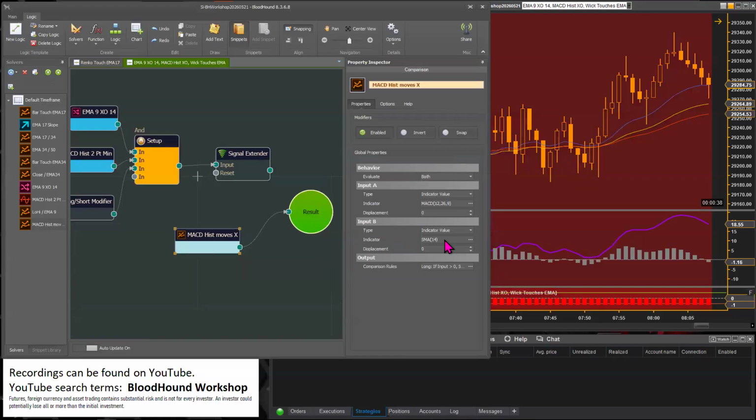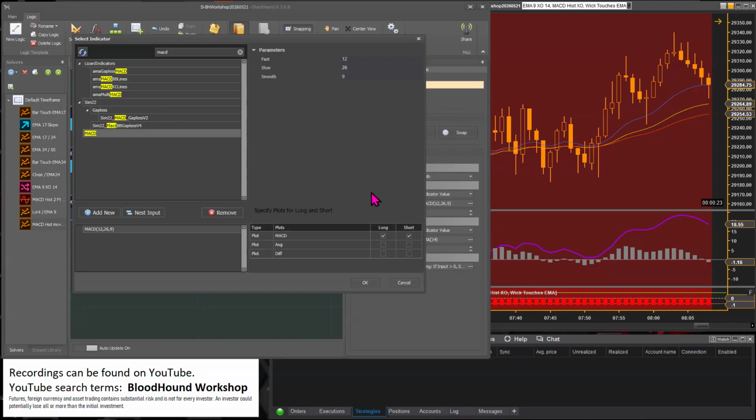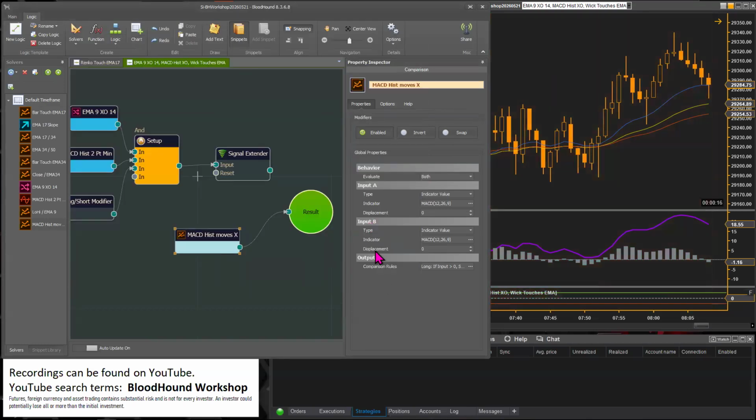Input B is also going to be the MACD. Again, select the histogram, but this time we want input B to be 1 bar back, the value of the MACD histogram 1 bar back. So we're going to set our displacement to 1.